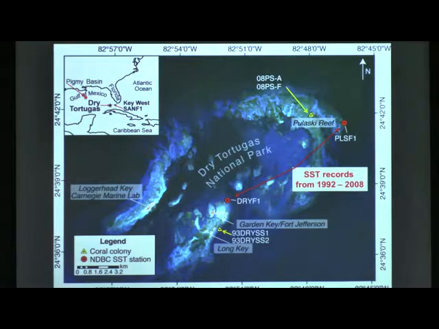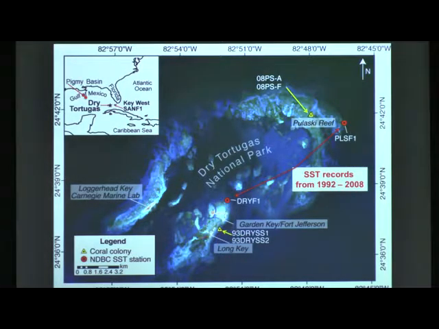So the coral sites are up here by Pulaski Reef. There's 2 corals I'm going to show you data from today, the 08 PSA and F1 cores. Then also here just south of Fort Jefferson are 2 records that were collected back in 93 by the USGS. So 93 DRYSS1, Chris Maupin published this work in his master's work.